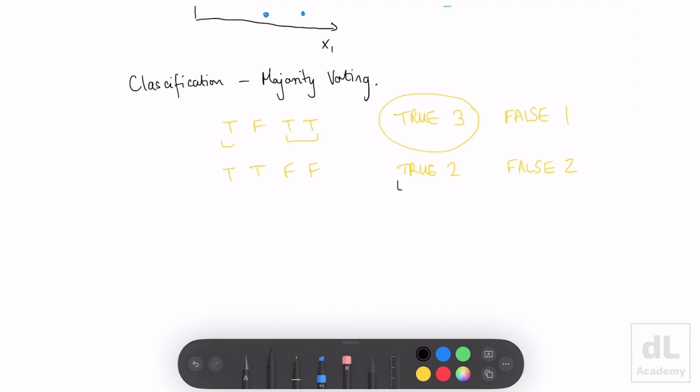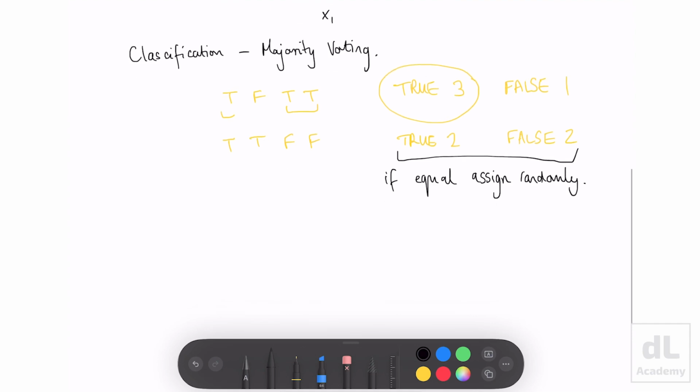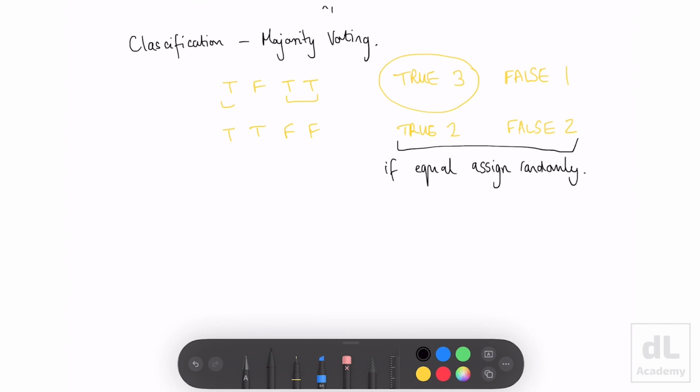Basically, if equal, you assign randomly. Assigning randomly means flipping a coin basically and saying, I don't mind. Okay. Right. So majority voting in the case of classification.